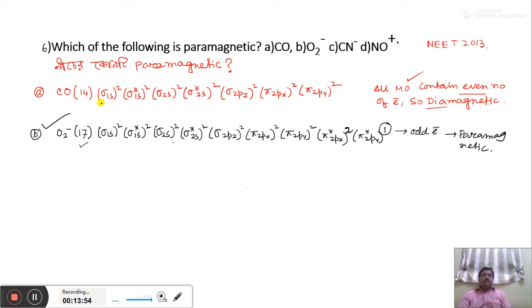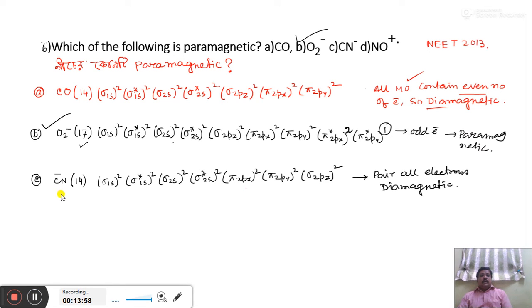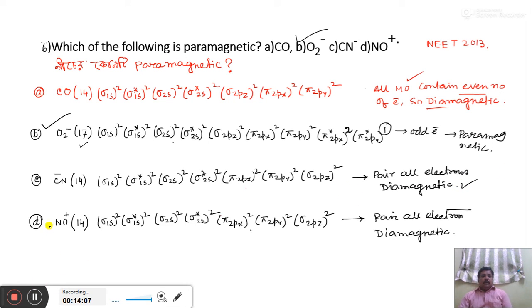So O2- shows paramagnetic character. In case of cyanide, 14 electrons are present. All electrons present in MOs are paired, so it is diamagnetic. In case of NO+, all electrons are paired in the MOs, so it is diamagnetic. So option B is the right one. Here O2- is paramagnetic in nature.